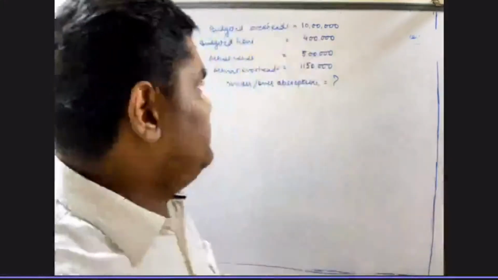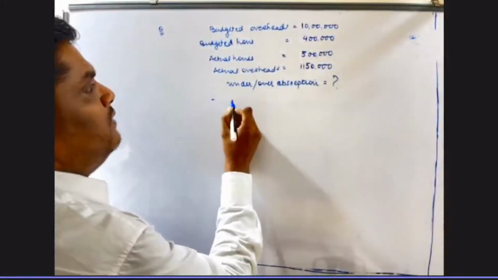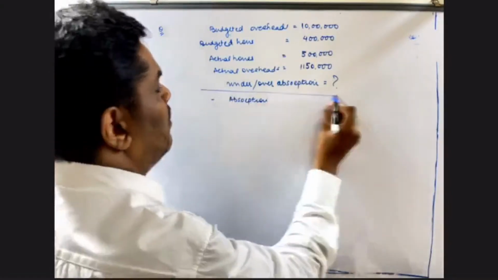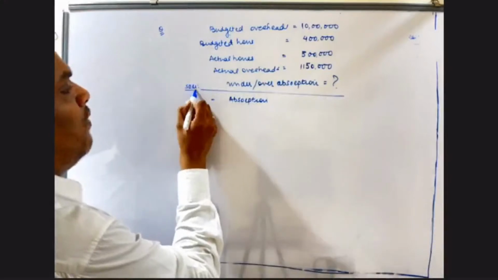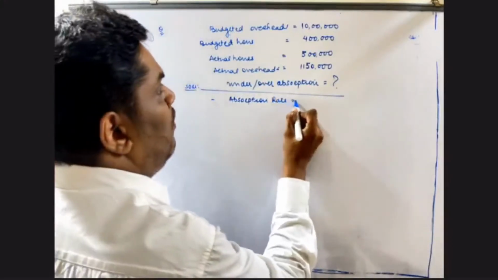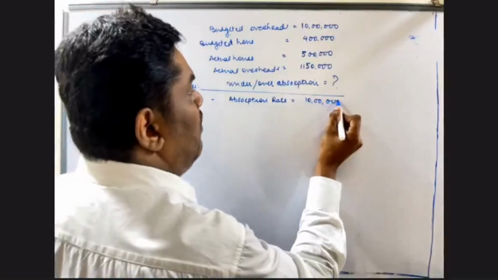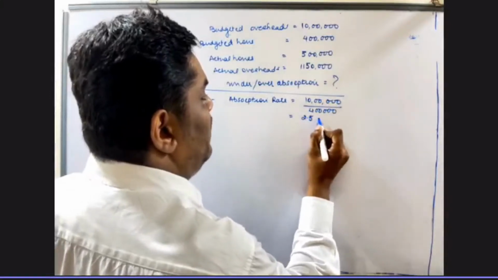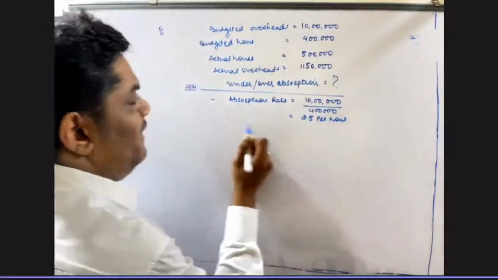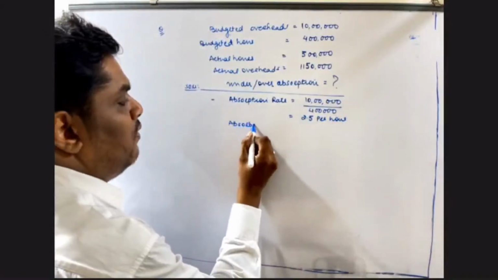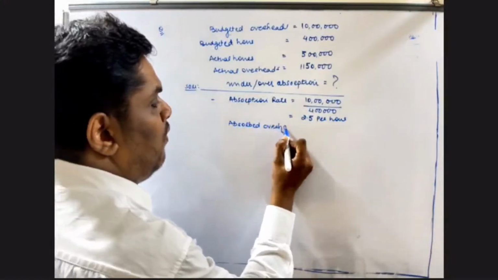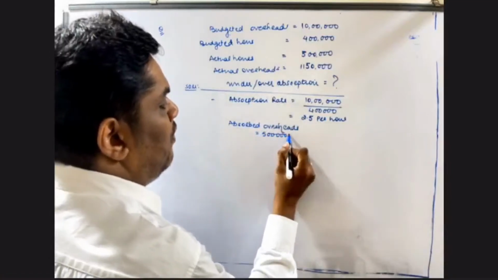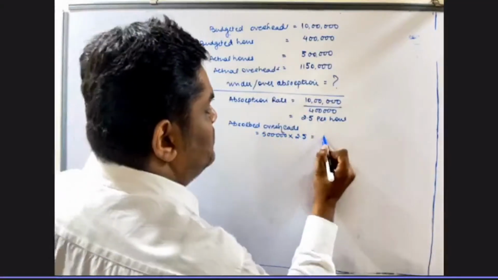So let me solve this question. The first step is what? Absorption rate, wherein 10 lakh divided by 4 lakh, so you'll be getting 2.5 per hour. Now we'll calculate absorbed overheads. That will be actual hours 5 lakh into 2.5, so this will be 12 lakh 50,000.